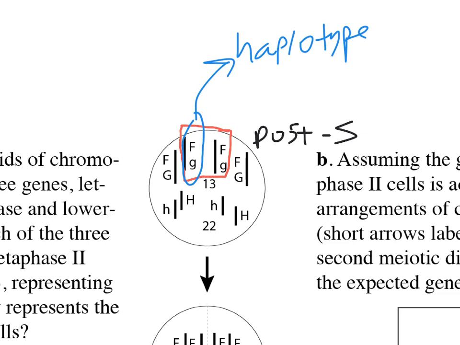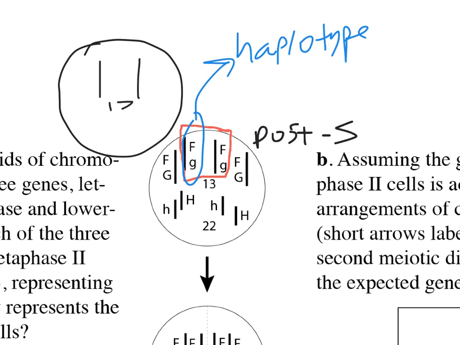So what was the genotype of this cell before synthesis? There will be 2 copies of chromosome 13. The 2 homologs, 1 from mom, 1 from dad, the paternal version and the maternal version, will be 2 chromosome 22s. So what were their haplotypes?